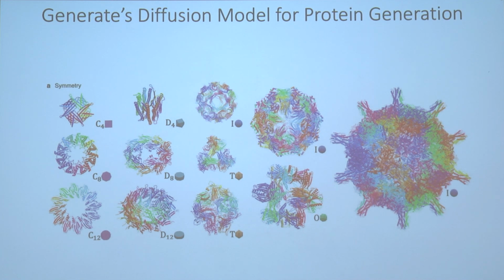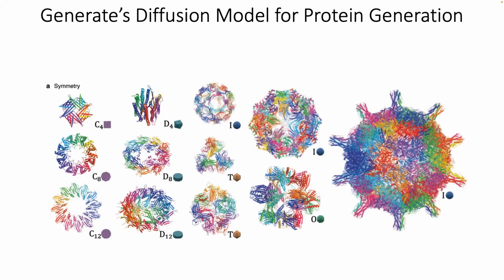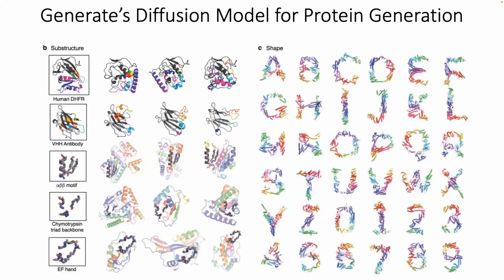And then, of course, this one is gigantic. So is there any use to making these types of symmetric assemblies? Is there any biological purpose to these? Cages, okay, yeah.